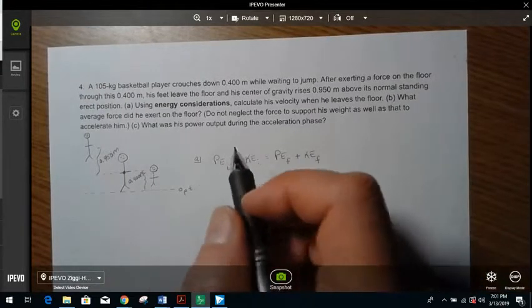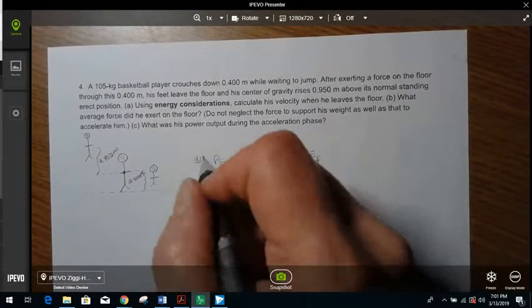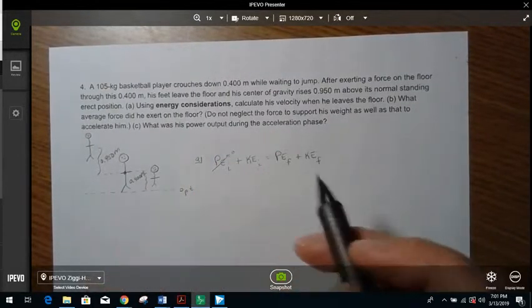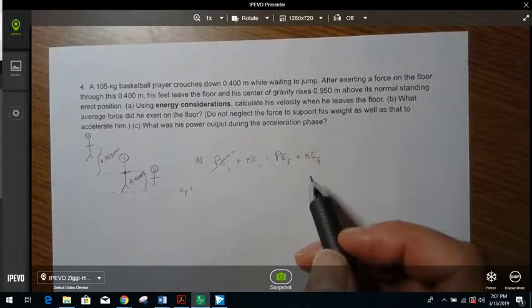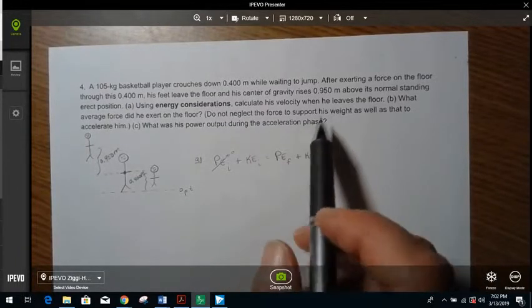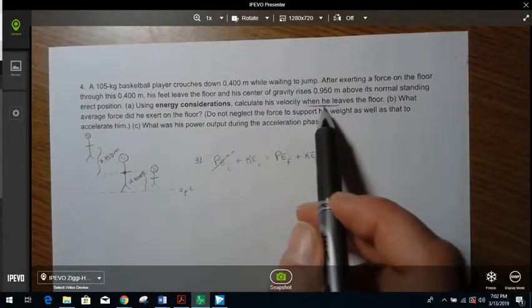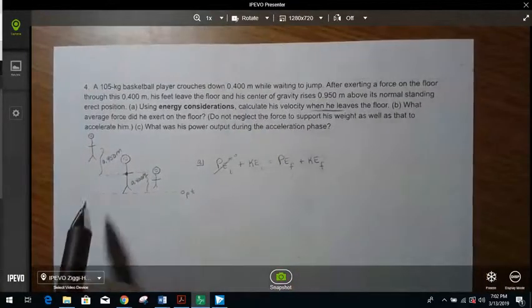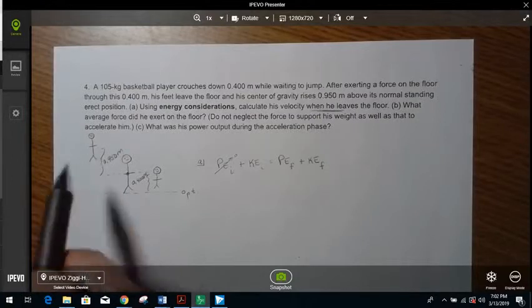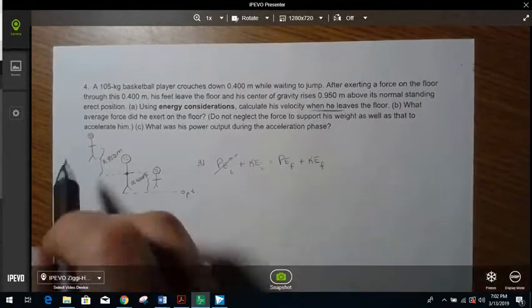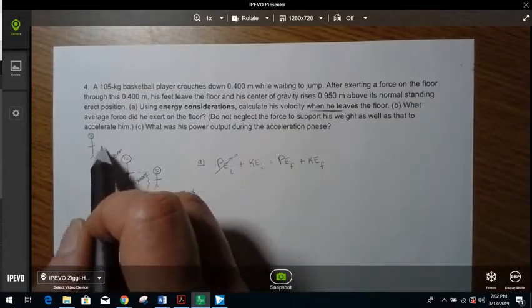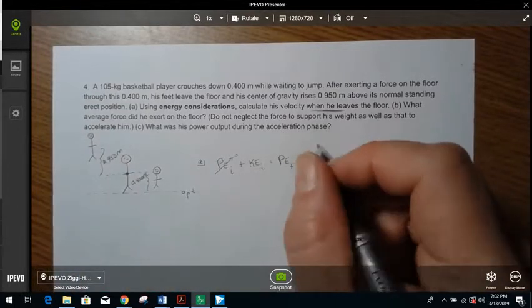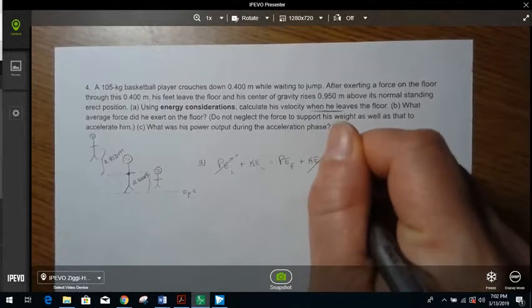His potential energy initial is 0 because he's currently standing on the floor. We want to know his initial kinetic energy when he leaves the floor. He has a final potential energy because he's risen above a height, but he does not have a final kinetic energy because his velocity is momentarily 0 at the top of his jump.